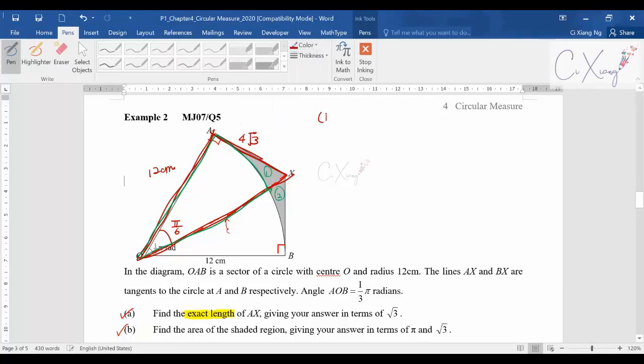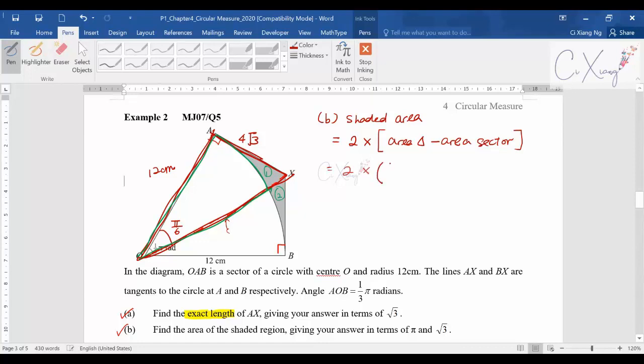So for part B, to find the shaded area, you have to take 2 times the area of the triangle minus the area of the sector. I will start now.